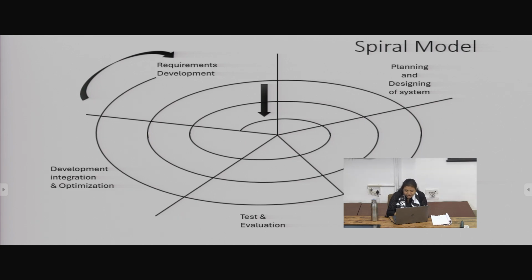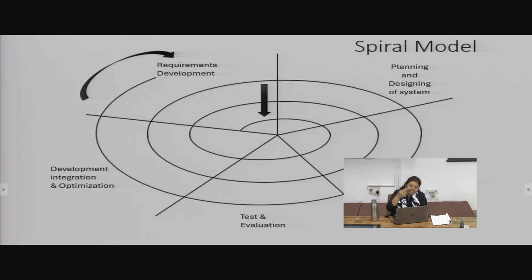Then the system configuration will be prepared. In the next step, the testing and evaluation of those small sets of features will be done. Then the development will be done for that particular small set of requirements or features. Once finished, it's a small incremental development of the system.